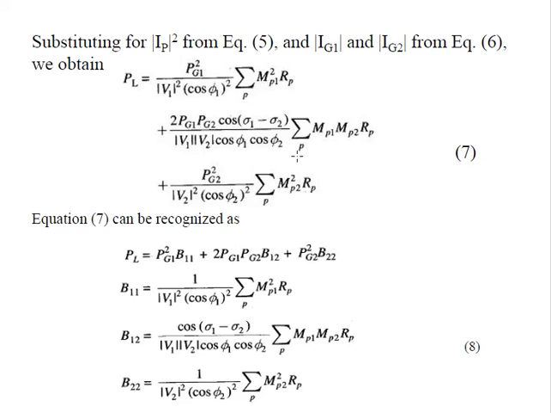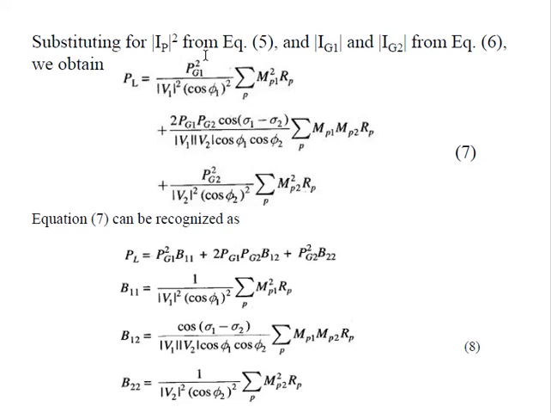From this equation number 7, we can compare with the power loss formula, that is the B coefficients formula: Pg1 square B11 plus 2 Pg1 Pg2 B12 plus Pg2 square B22. So we compare equation number 7 with the power loss formula of the B coefficients. We can receive the value B11.